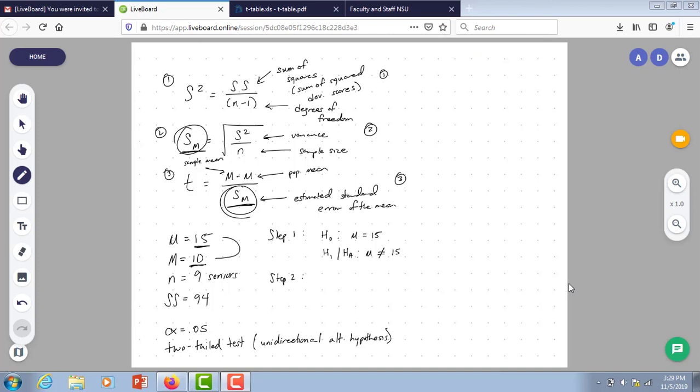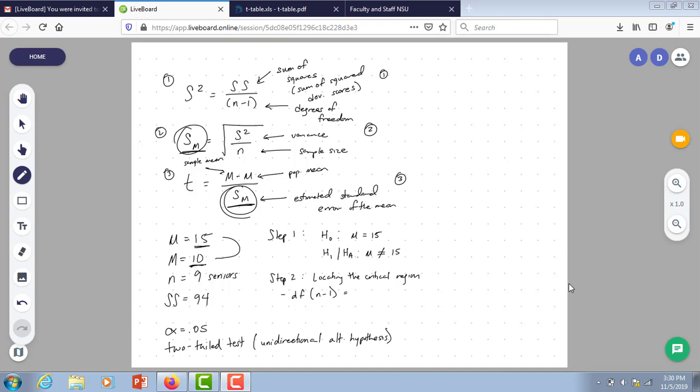Step two deals with locating the critical region. And in order to locate the critical region, you need three key pieces of information. You need your degrees of freedom, and in this case the formula for that is n minus 1.